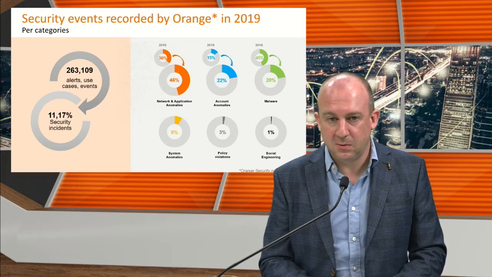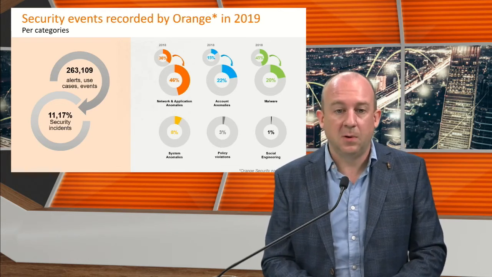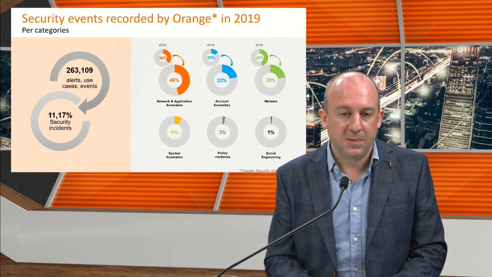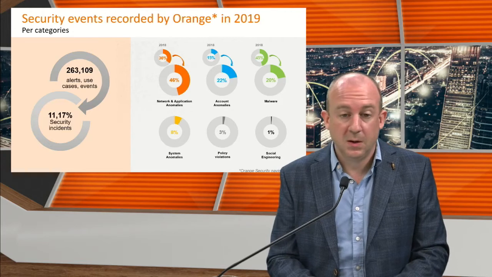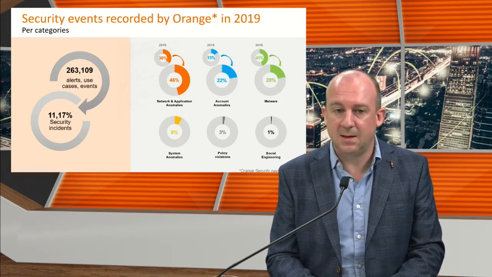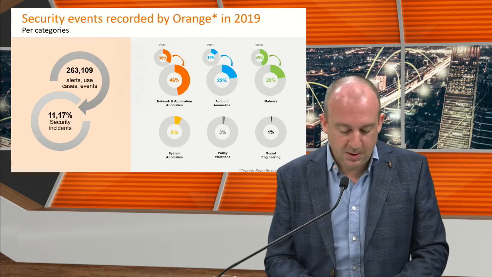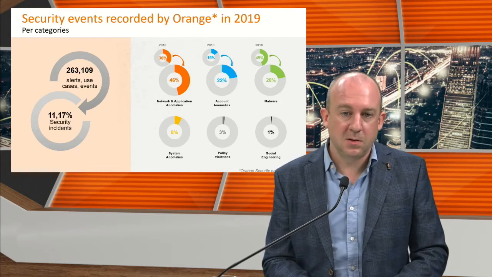Among the incidents that we have detected, we recorded the largest amount of network and application anomalies. This increased over the last year, and these kinds of attacks include tunneled connection attempts, detections by IDS and IPS systems, but also other attacks related to network protocols and applications.